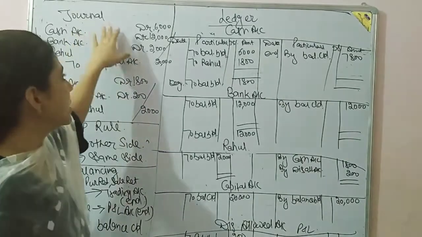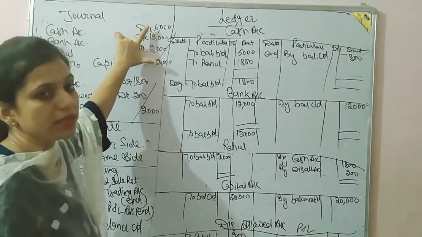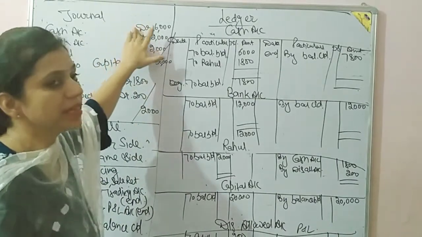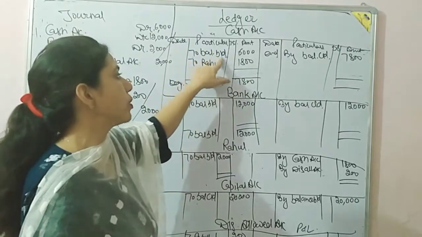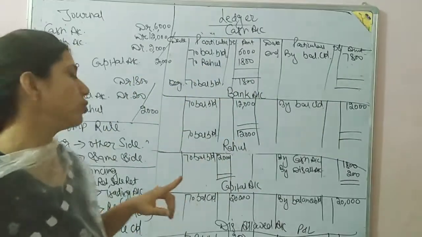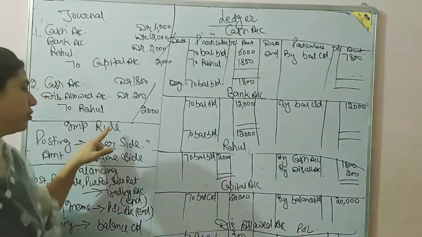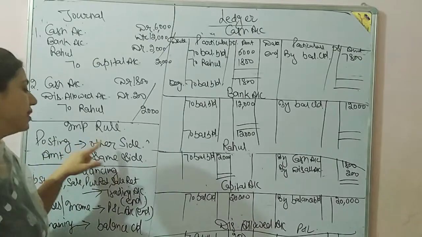What about the opening entry? The opening entry is passed with the help of balances. Cash account is on the debit side, so we will start from to balance brought down. Cash is 6,000. One more thing I want to clear, an important rule: in ledger, we post with the other side.